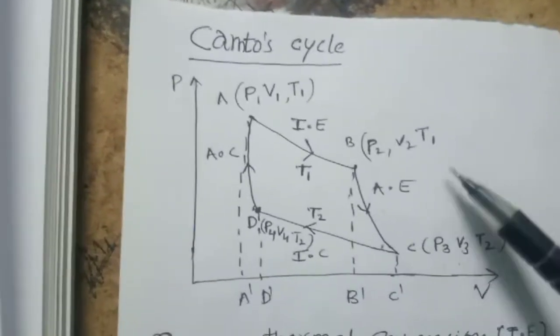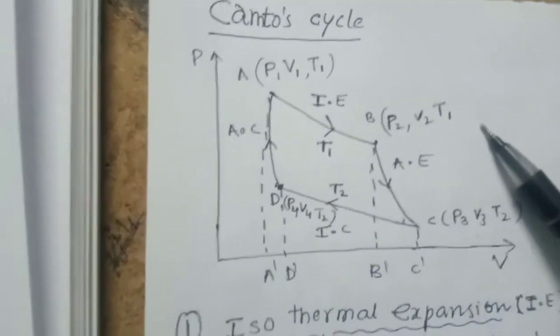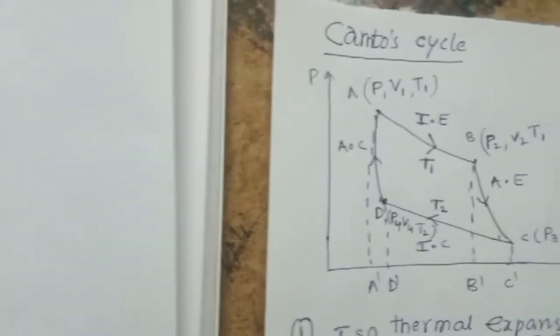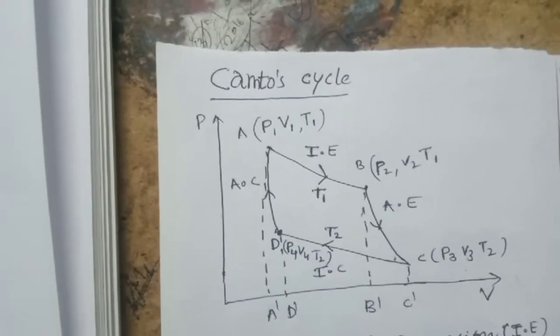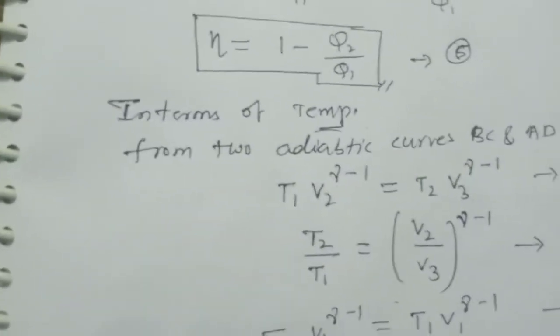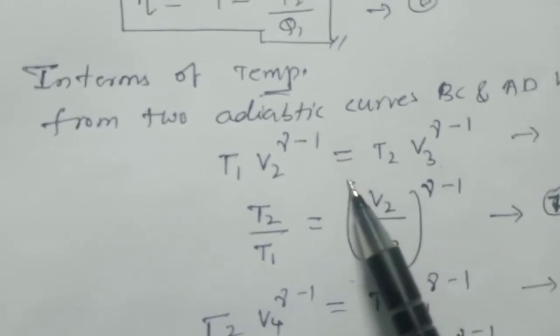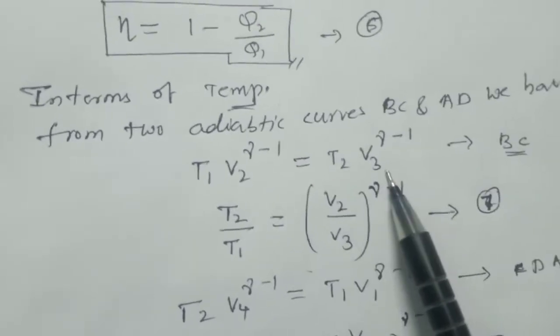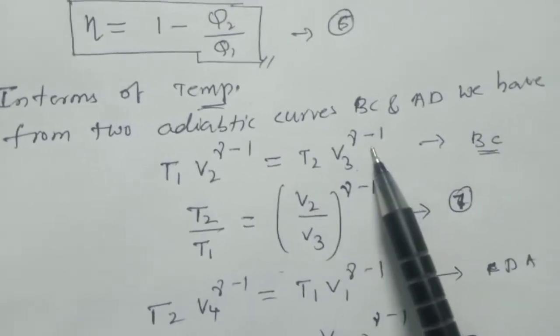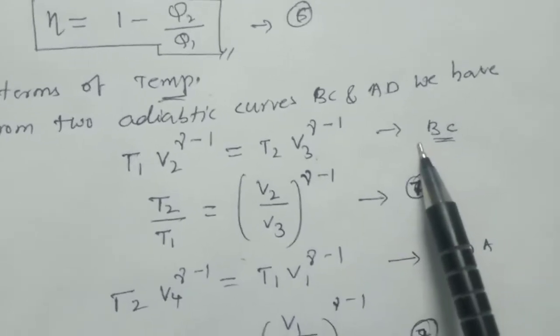For the BC adiabatic line, we know the relation TV power gamma minus 1 is equal to constant. So T1 V2 power gamma minus 1 is equal to T2 V3 power gamma minus 1 for the BC adiabatic line. How did we get this?